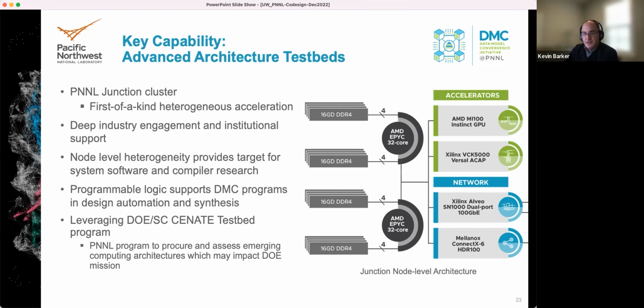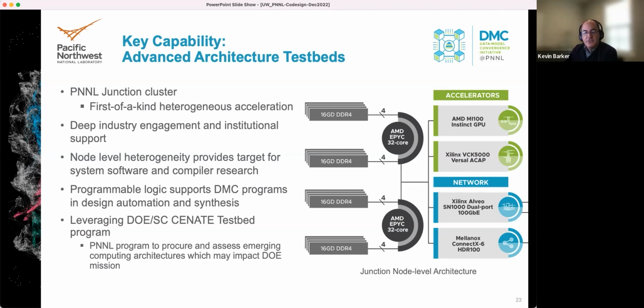So, at the most basic level, we have two AMD EPYC 32 core CPU sockets per node. And those are connected to two types of accelerators: the AMD M100 Instinct GPU, which is a precursor version of some of the GPUs we find in the exascale computing machines, as well as the Xilinx VCK 5000 Versal ACAP accelerator.